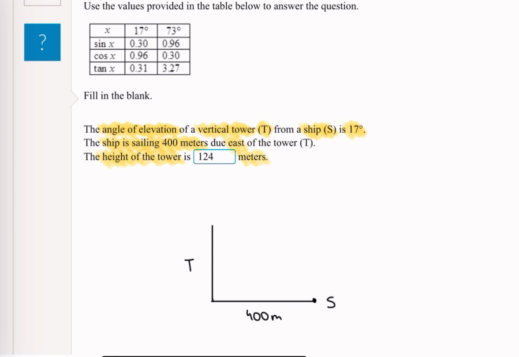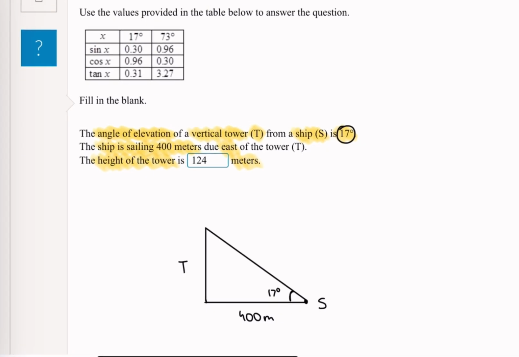And then they told us there's an angle of elevation of the vertical tower from the ship. So that means that this here is, as they told us, 17 degrees. Now that we have that, we need to find the height of the tower.